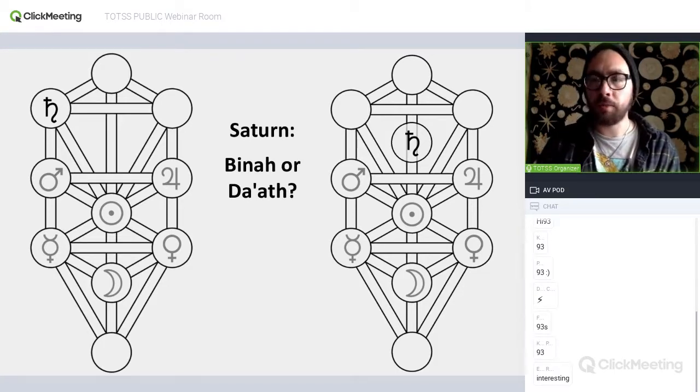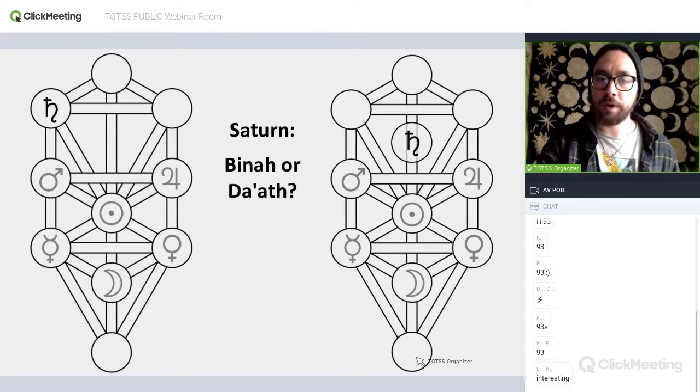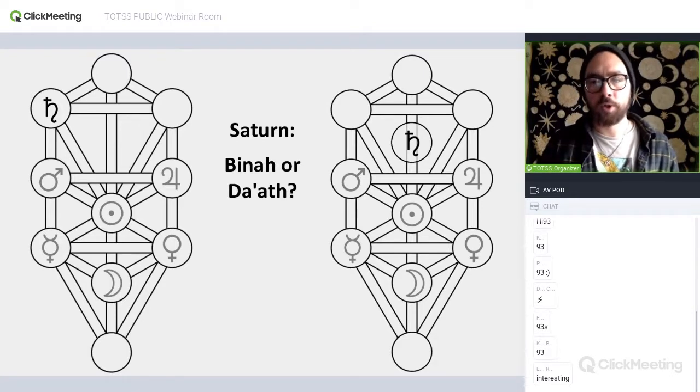Yeah, and for certain symbolic purposes, it can be nice to have the planets below the supernal triad. You especially see in Agrippa's work this idea of the terrestrial world associated with the Earth, then the celestial world associated with the planetary spheres, and then the divine world beyond that. Having Saturn in Da'ath works really well there, where we can see the supernal triad as the divine world beyond the celestial world.